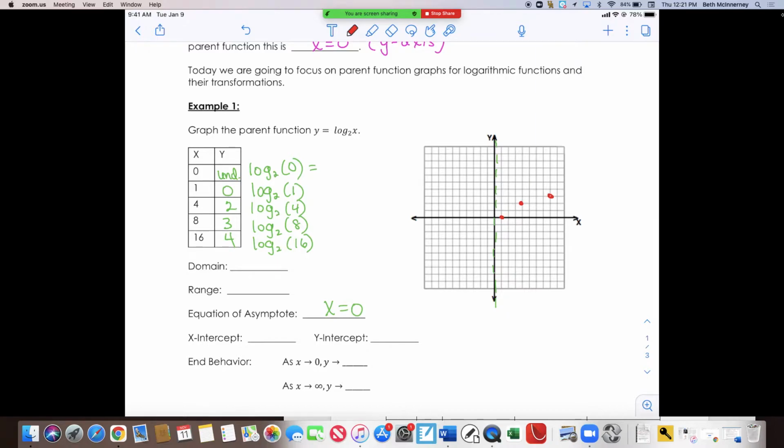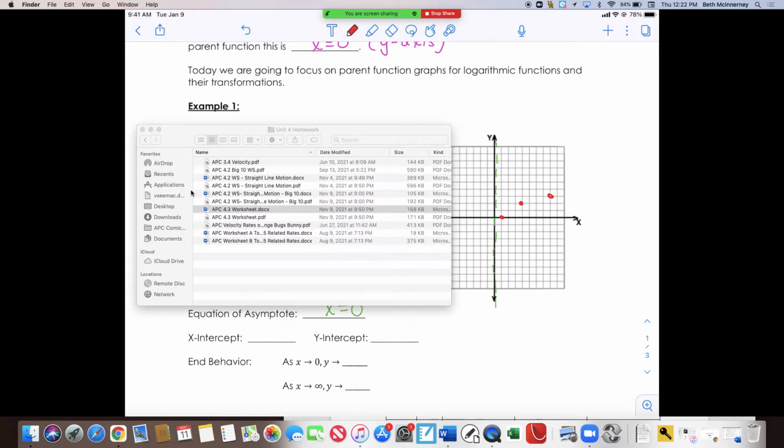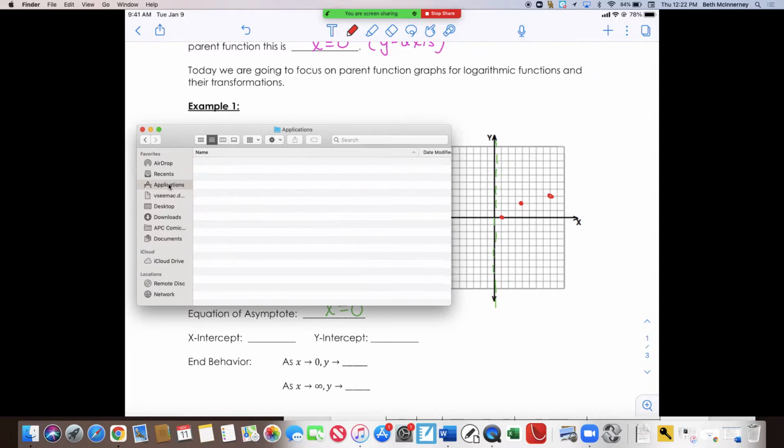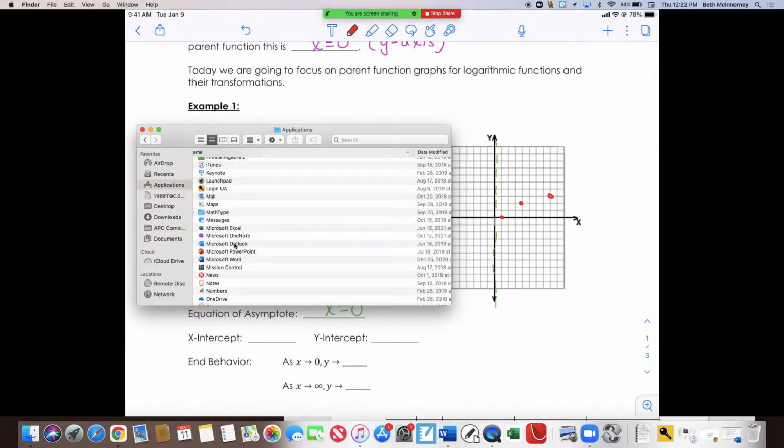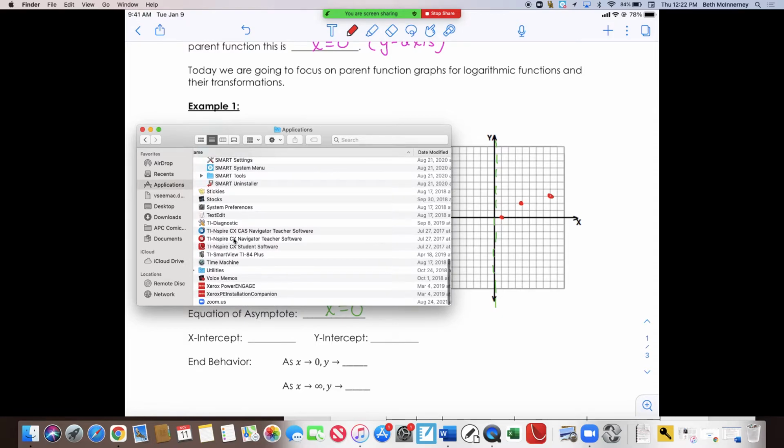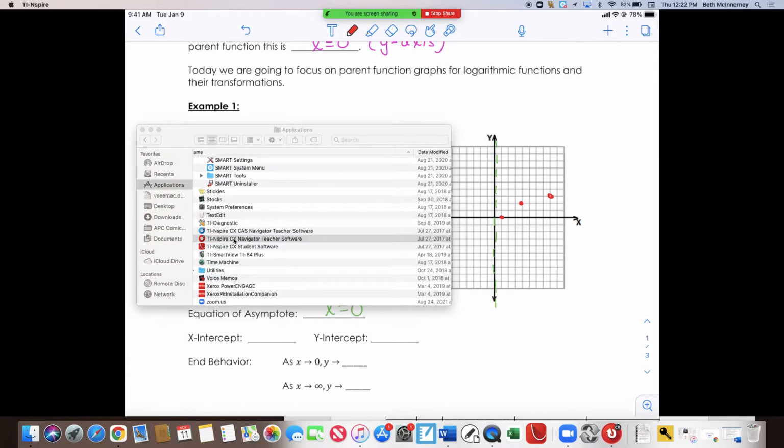Then what I would like you to do, let me see if I can pull mine up. See if I can multitask here. Application. All right, let's see if I can show you at the same time. So what you should be able to do on the graph is pull up that log, put a base 2, and put an X inside. So I'm trying to get mine to come up so I can type it. It's chugging along.